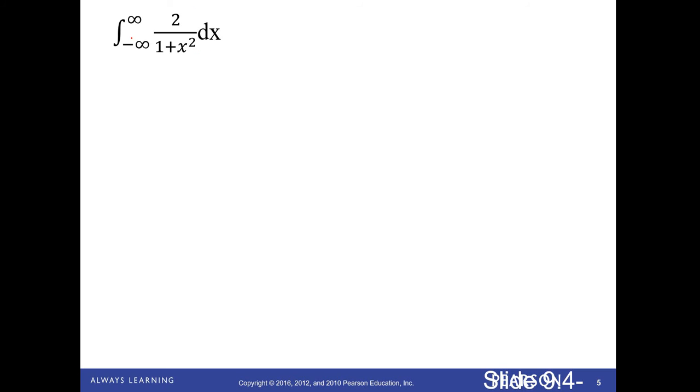Okay, to integrate this, we need to find a point in the middle because I need to break this into two integrals. So I'm going to break this up, and 0 is a typical point to use unless there's some specific reason in the function not to. And I'm going to do the 0 to infinity of 2 over 1 plus x squared dx.